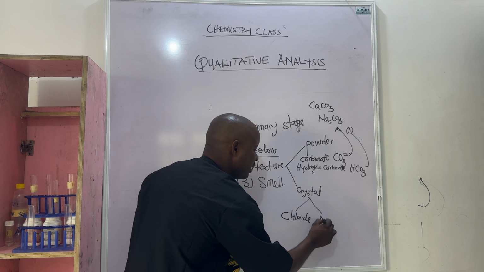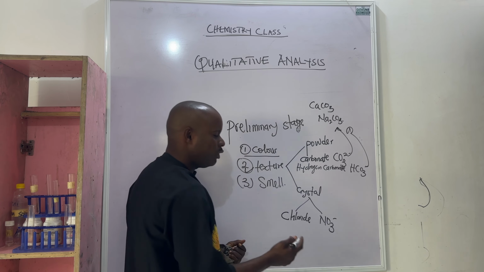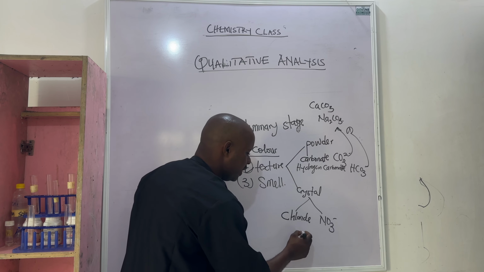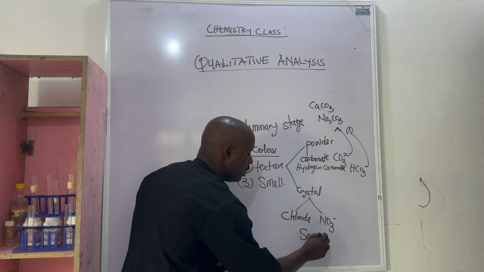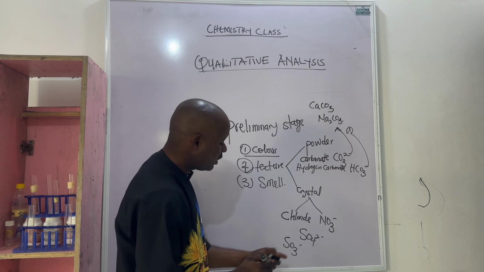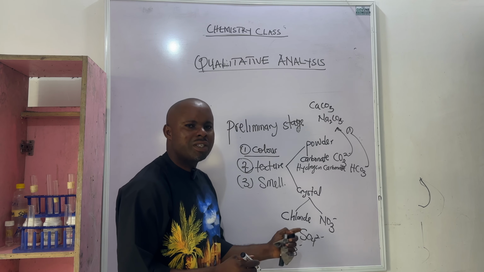We have the nitrate family. The nitrate family has a crystalline nature. We also have the sulfate family, and so on and so forth. They are in the form of crystal.